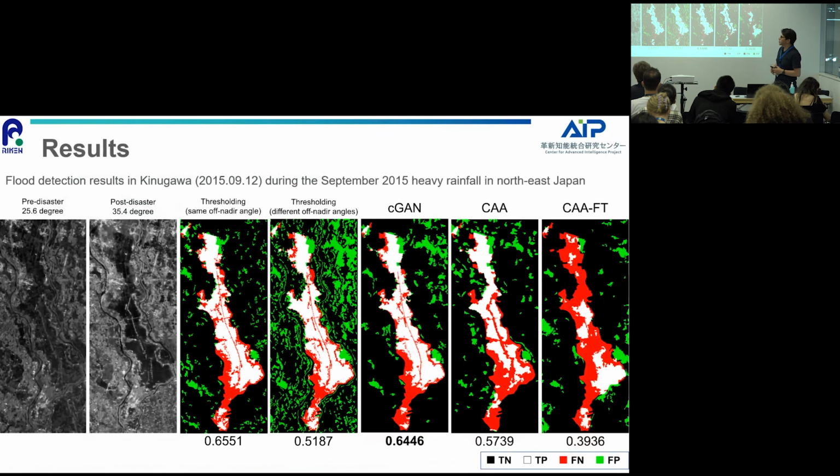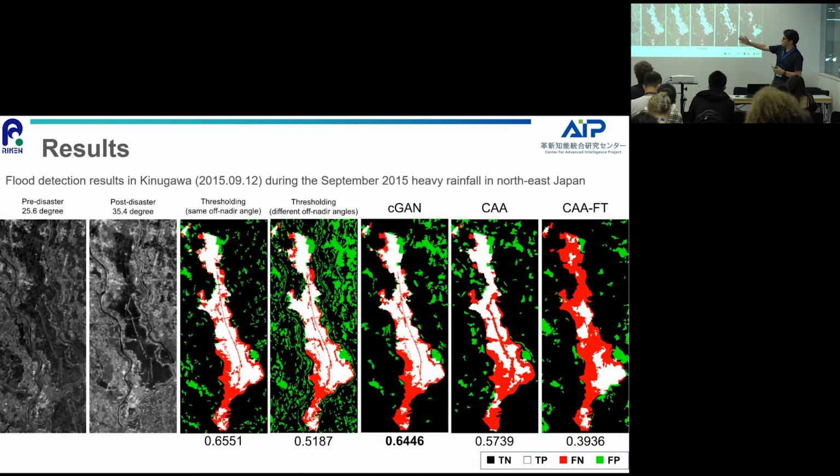From your left, we have the pre-event image with an incident angle of 25.6 degrees, and we have the post-event image. They look different, of course, because there is the disaster, and also the incident angle is totally different, right? It is 5 degrees.